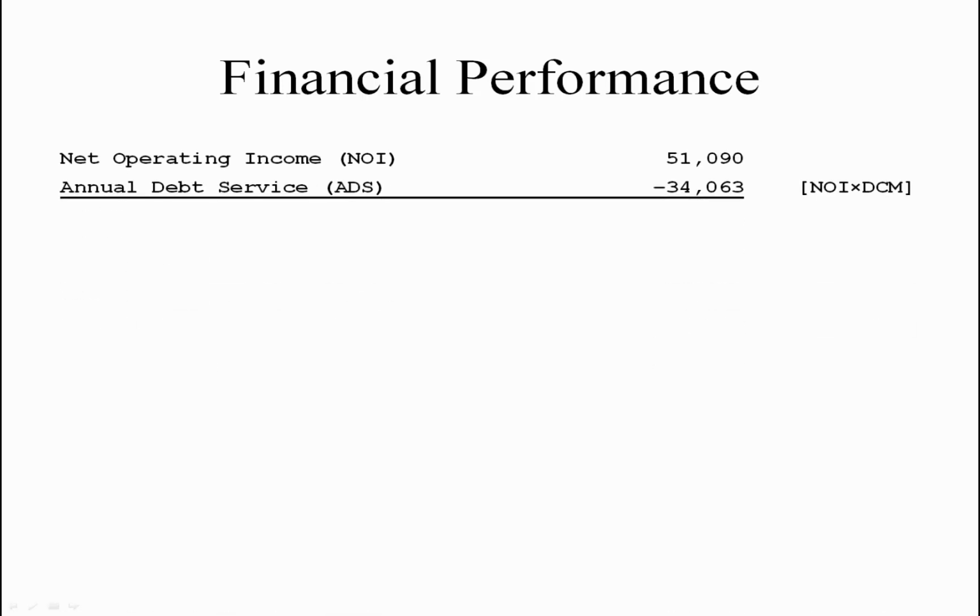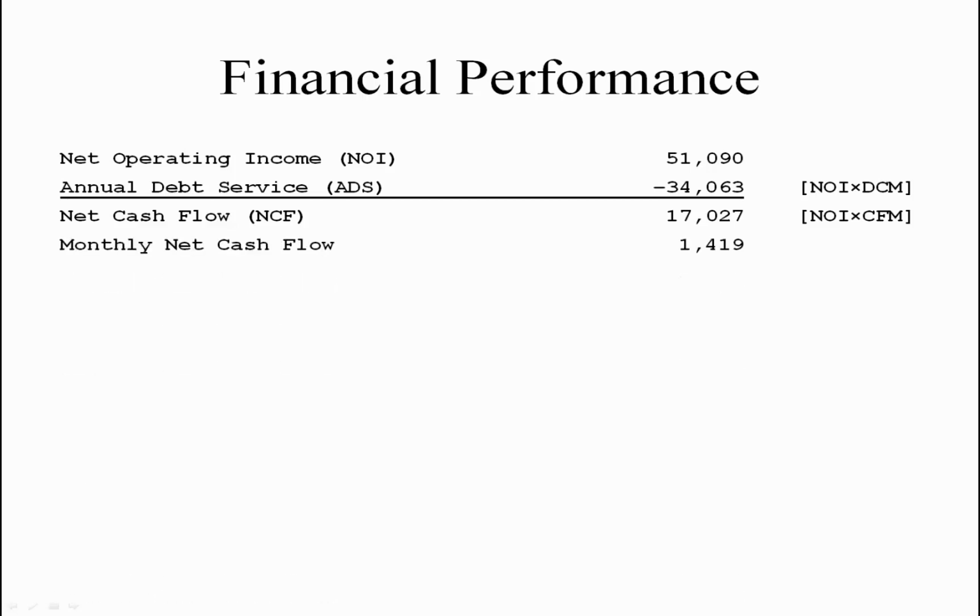Financial performance. Start with the net operating income, subtract the annual debt service. Your net cash flow is $17,027. Monthly net cash flow.